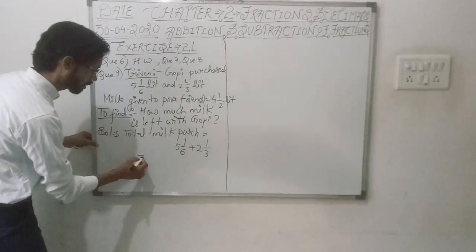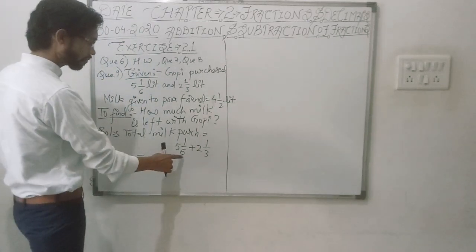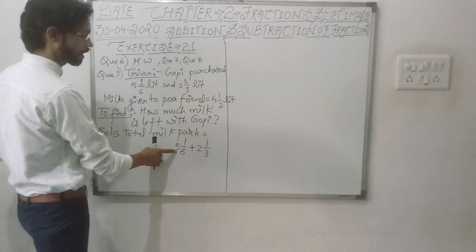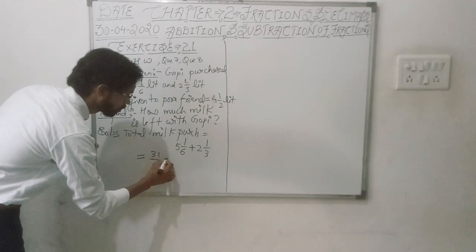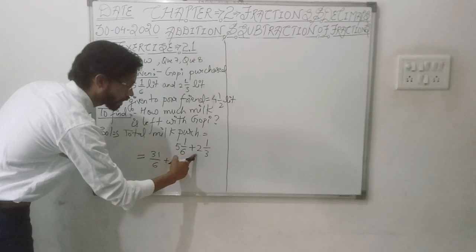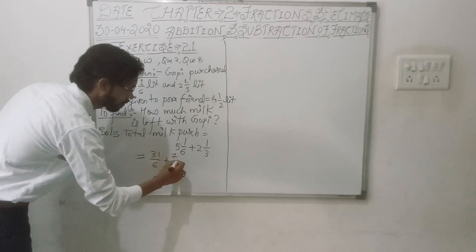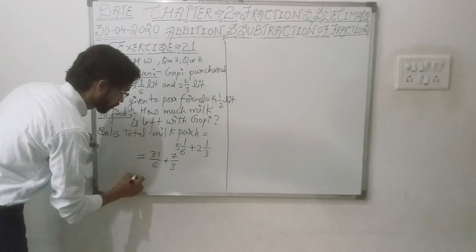When we will solve this, what we will get? 6 1 is 6, 5 6s are 30 plus 1, that's equal to 31 by 6 plus 2 3s are 6 plus 1, 7 upon 3.